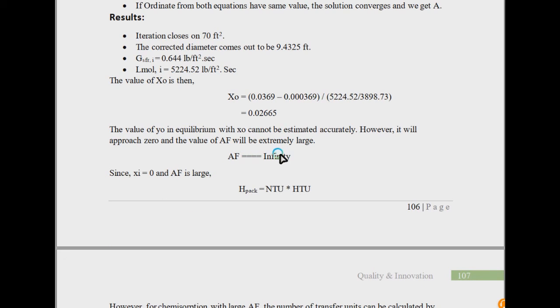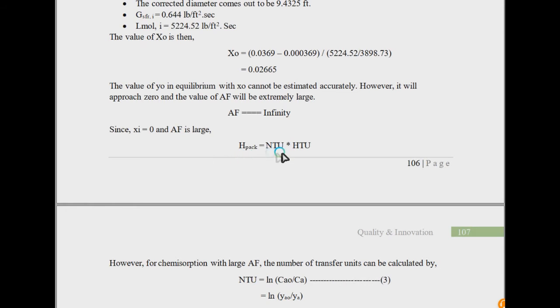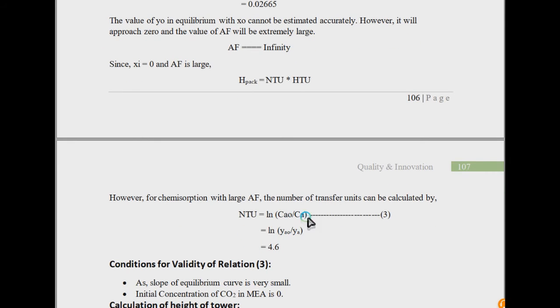So AF can approach infinity in such dilution cases. Since xi is equal to 0 and AF is large, height of packing is equal to NTU multiplied by HTU. This is the next case. So based on this case, the NTU, number of transfer units, can be calculated for chemisorption using natural log of Ca naught over Ca, or for physisorption natural log of Ya naught over Ya.